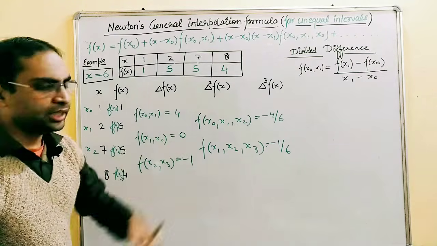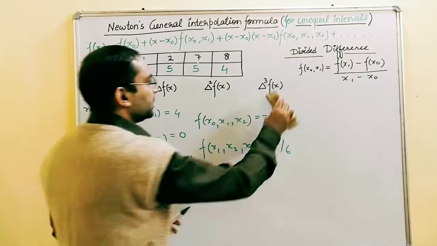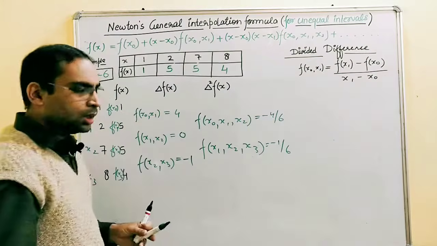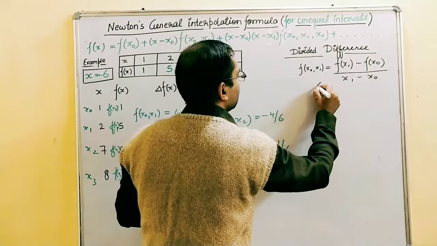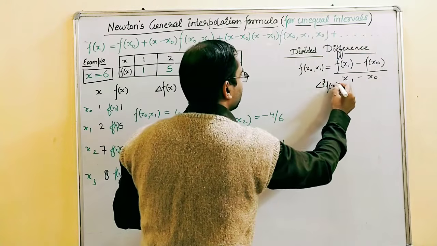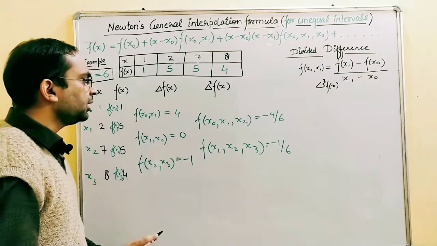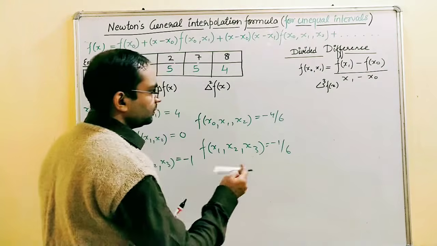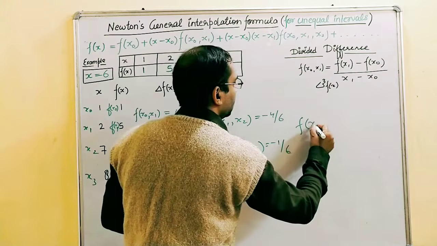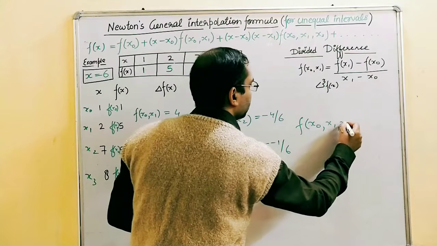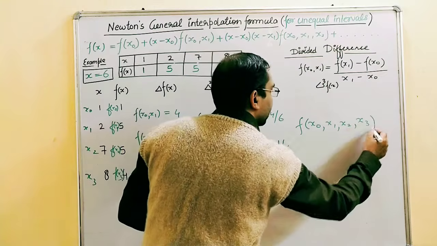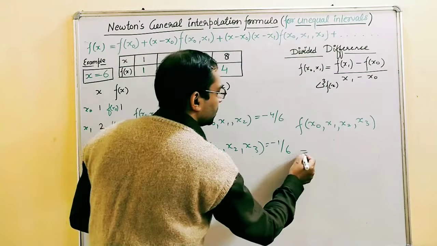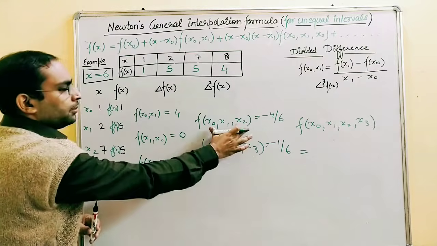And now let me calculate the third divided difference. Let me shift this a little bit. So this will be the last column, third divided difference for us. Let me write the formula first. This will be f of x0, x1, x2, x3, and the formula for this will be first this value minus this value.